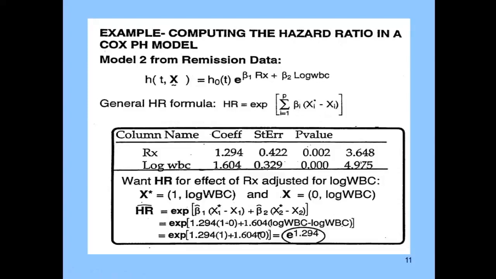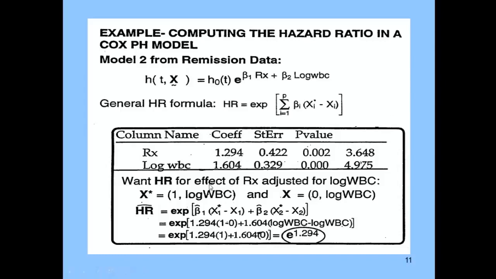So for example, in the remission time data, if we're just focusing on model 2, which we sort of decided was the best model and only had treatment and log white blood cell count in the model, and that was the general formula, when you wind up fitting the model, you get the coefficients of treatment and log white blood cell count. Again, the treatment variable is defined as 1 for placebo, 0 for treatment, and the two estimated betas are 1.294 and 1.604.